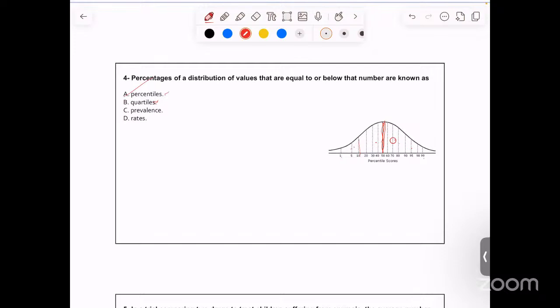I will not choose the quartile; I will choose the percentile. So that's the correct answer.